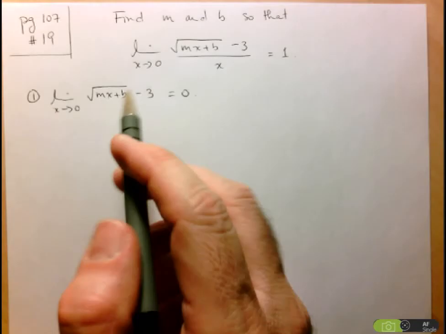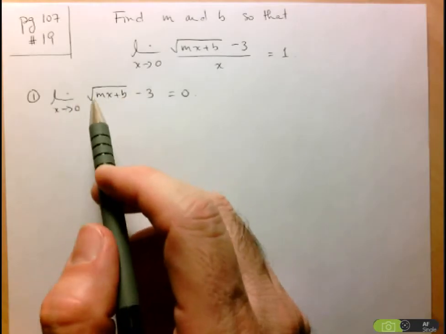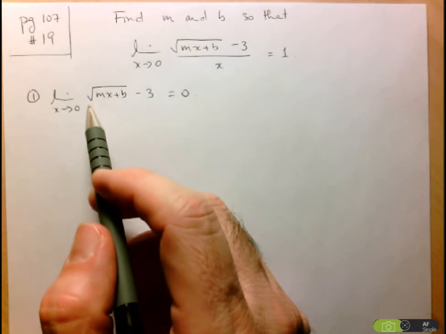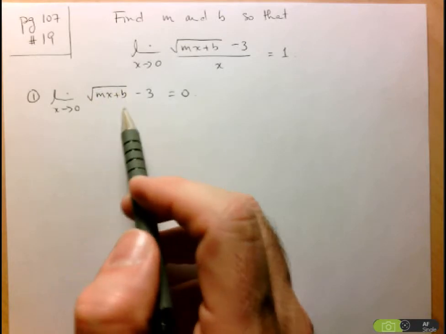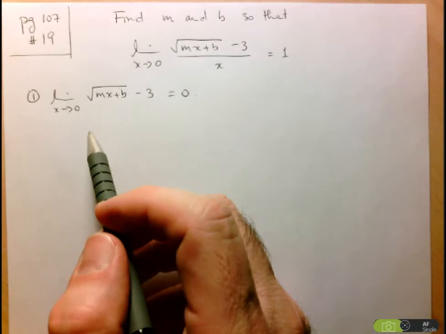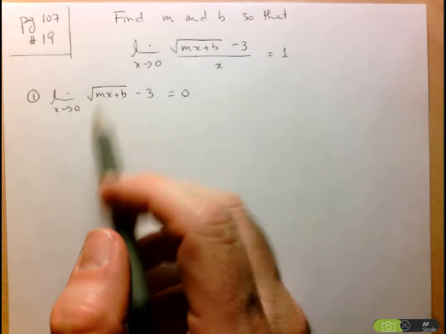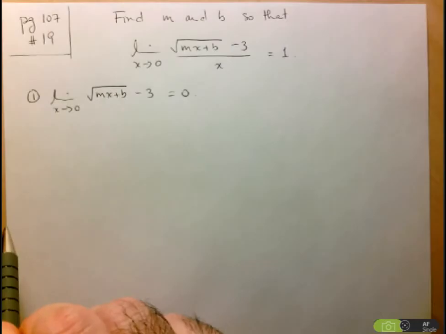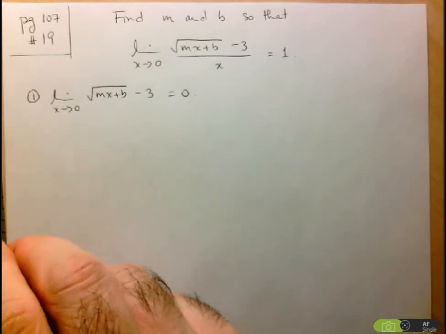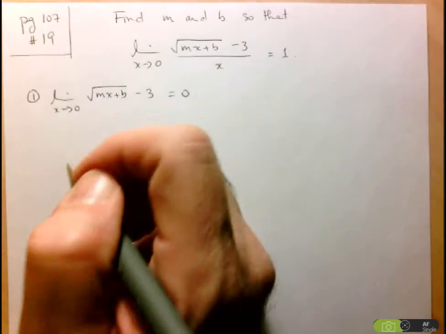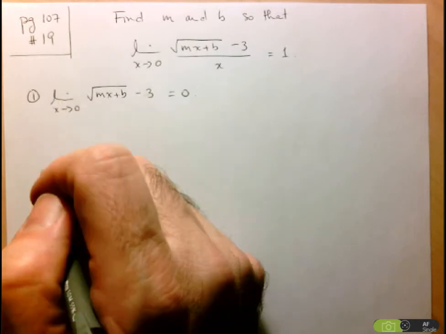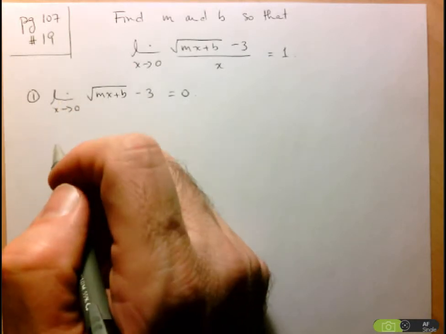Okay, but this here is just a nice function. This is a square root function, and then I'm just subtracting 3. So this is a continuous function as long as whatever's in the square root is positive. So I can just evaluate this limit by inputting x equals 0.